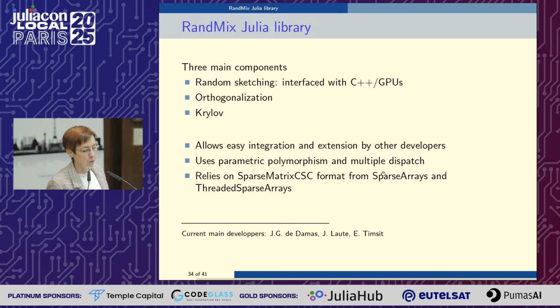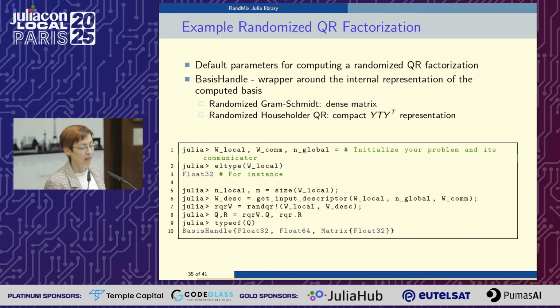We use parametric polymorphism and multiple dispatch, so we take advantage of some of Julia's nice features. In terms of sparse arrays, we use the sparse matrix CSC format, and for multi-threading, we use threaded sparse arrays. The results I have shown previously for the Julia codes do rely on those libraries. Because we make a big deal of this orthogonalization process, we have a routine which will choose by default the parameters that we think are the best.